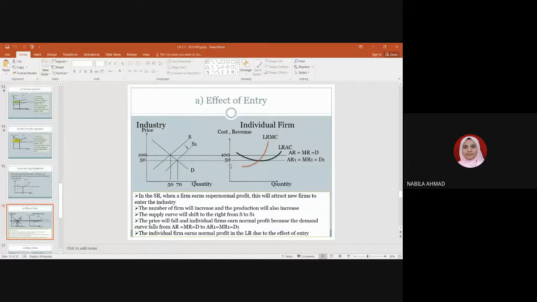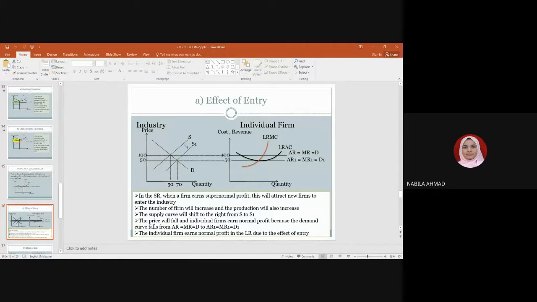So bila banyak firm dalam industri making profit, dia akan attract new firm to enter the industry. So banyak firm lain ya akan interested untuk making the same business sebab ramai making profit, dan number of seller akan masuk lah. So bila number of seller bertambah, the supply curve akan shift to the right.